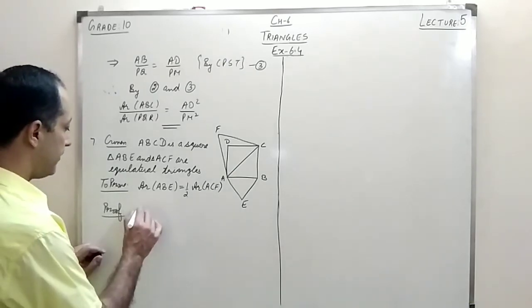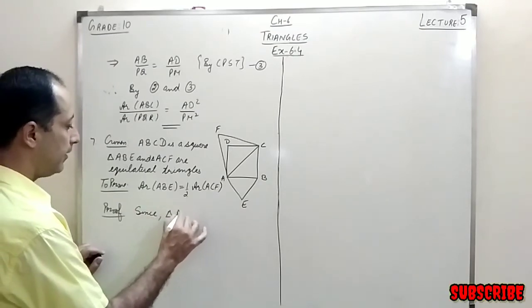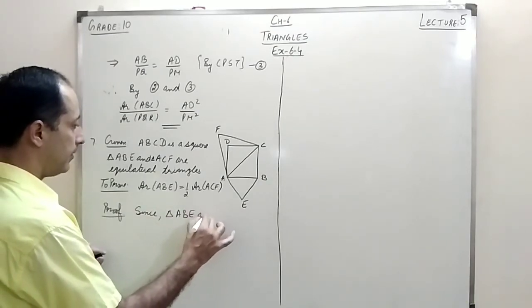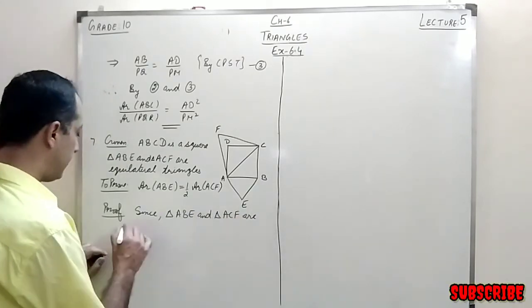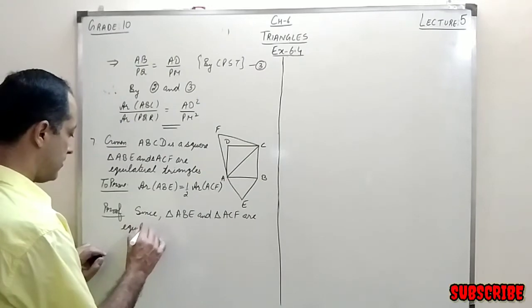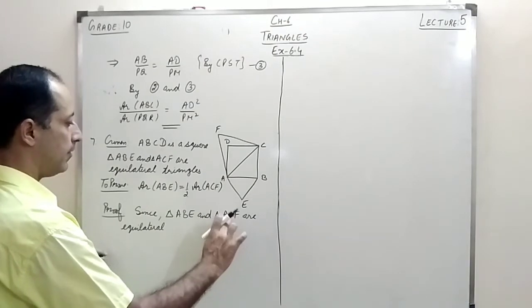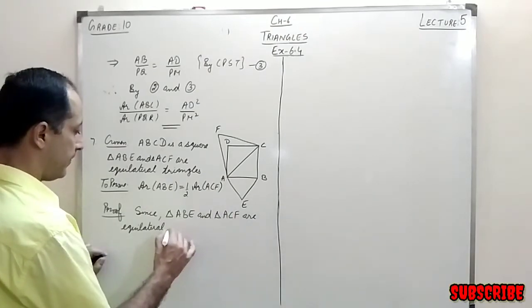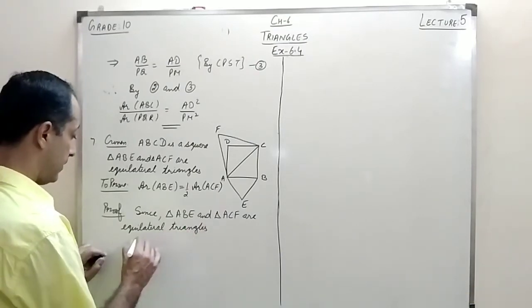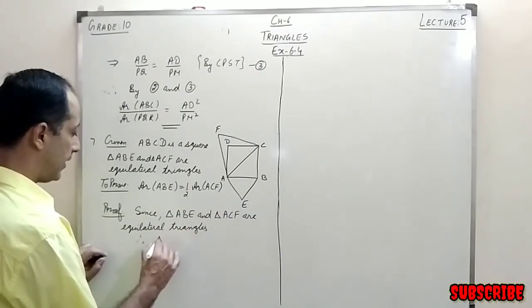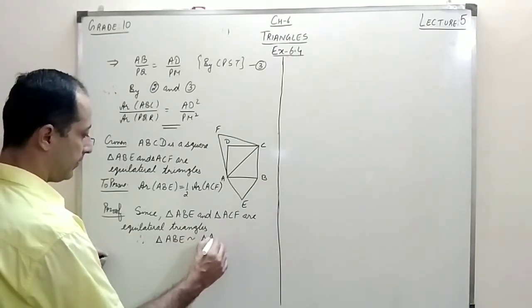So we write, since triangle ABE and triangle ACF are equilateral triangles, therefore triangle ABE is similar to triangle ACF.